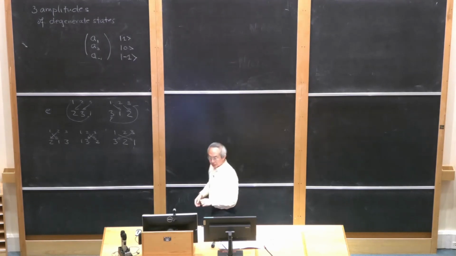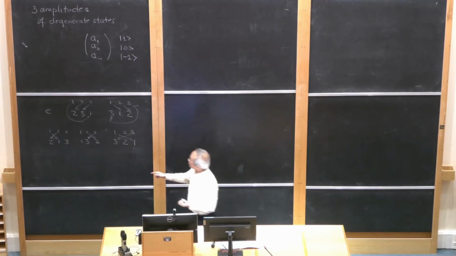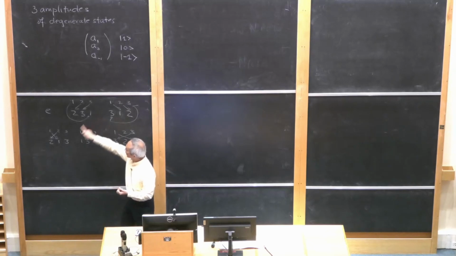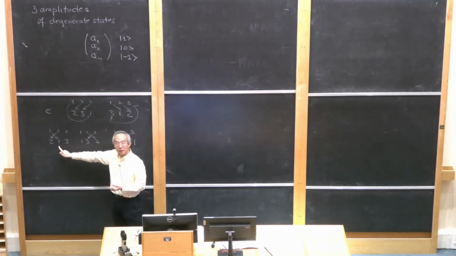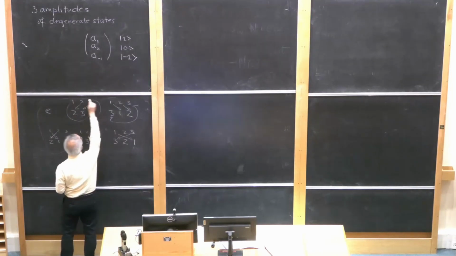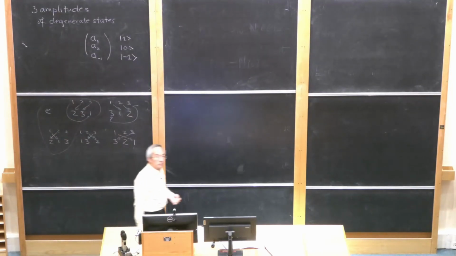It actually turns out that you only need the identity, you need to be able to do a cyclic permutation, and then you need to be able to swap.